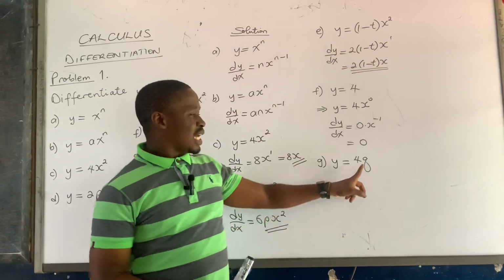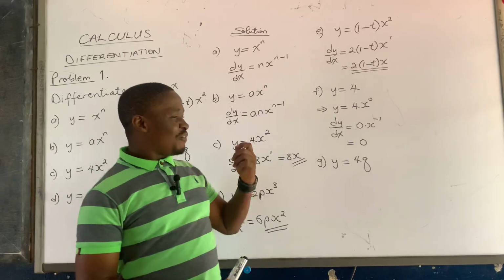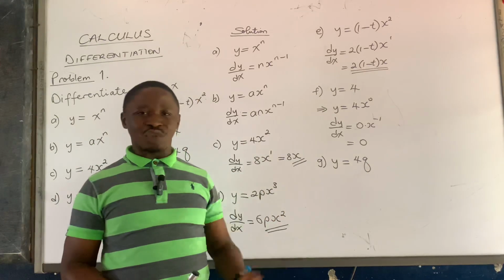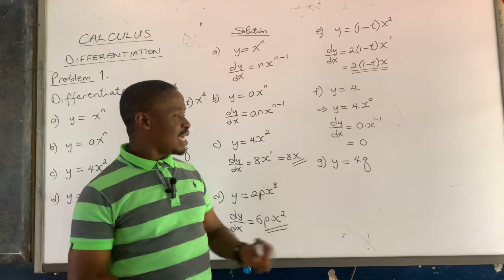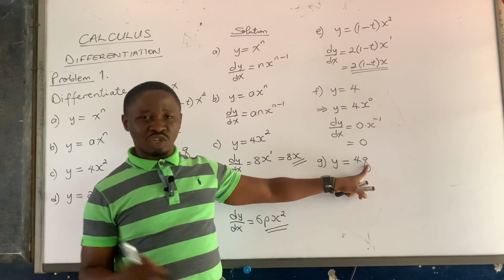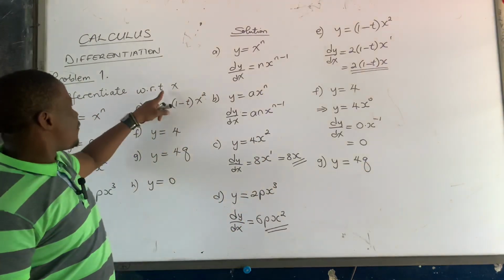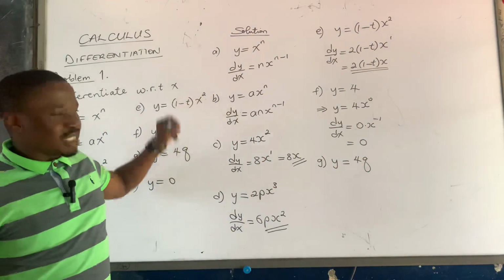This function is independent of x. What does that mean? The fact that this function does not contain x, we can say this one is a constant function because it does not contain any x. And we are dealing with a function with respect to x.